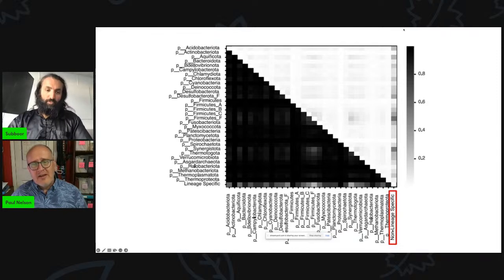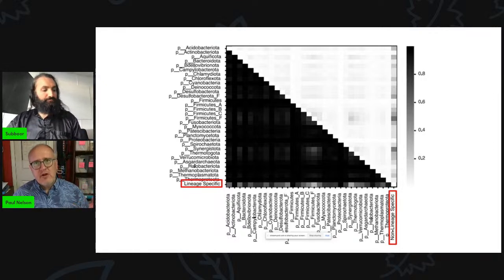In other words, they're not as common or universal as one would expect, and the lineage specific, so we're talking about this line right here versus this line, the lineage specific genes are much farther along in this heat map. This is a much darker line than this one. The take home: these different groups from the archaea and the bacteria have very different ways of running their cell systems. They're not using the same genes.